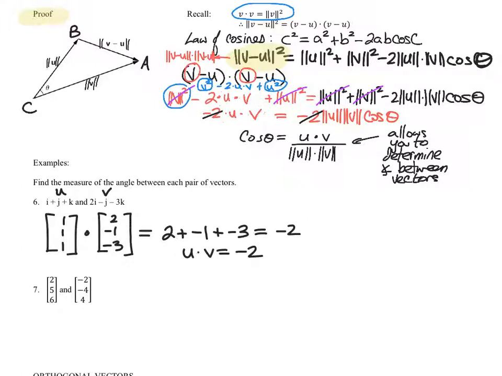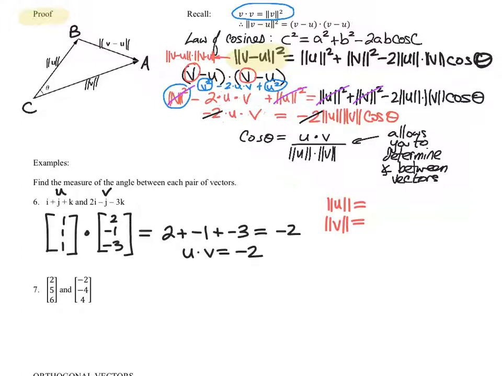Now what I need is the magnitudes. Since I'm calling the first one vector u, this is something you would not need to show work for, because I'm not going to show you how to write the program and then tell you you can't use it. So when I'm looking for the magnitude, I'm just popping it in.